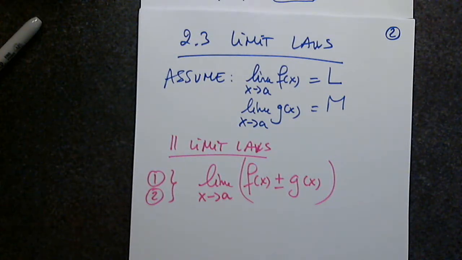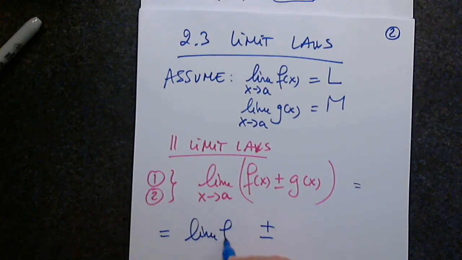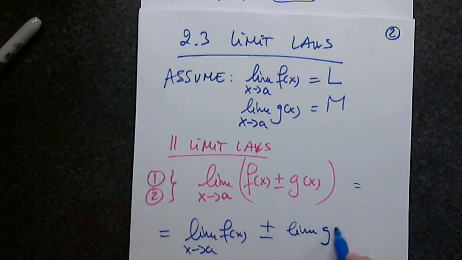Common sense, what do you think this will equal to? Yes, the sum or the difference of limits. So limit of f of x as x approaches a, and limit of g of x as x approaches a. And of course, this will be L plus or minus m, because we have those numbers.